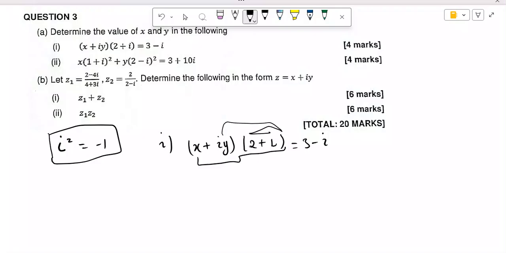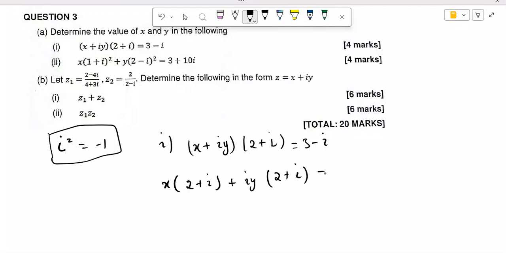So first of all you decompose, so you say x open bracket 2 plus i, then here there is addition, so plus iy open bracket 2 plus i, then equals 3 minus i.